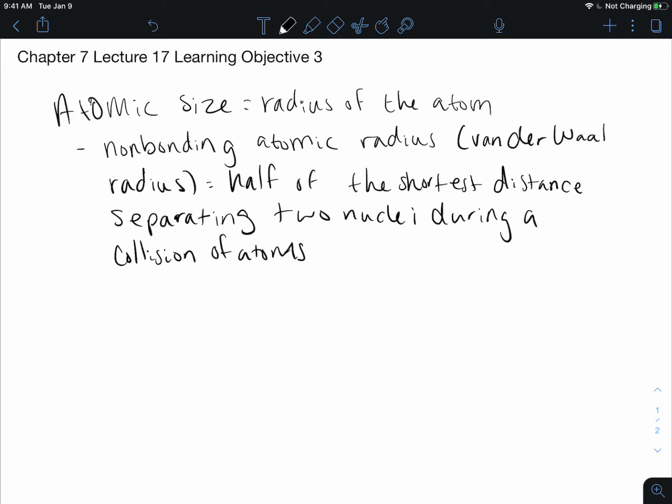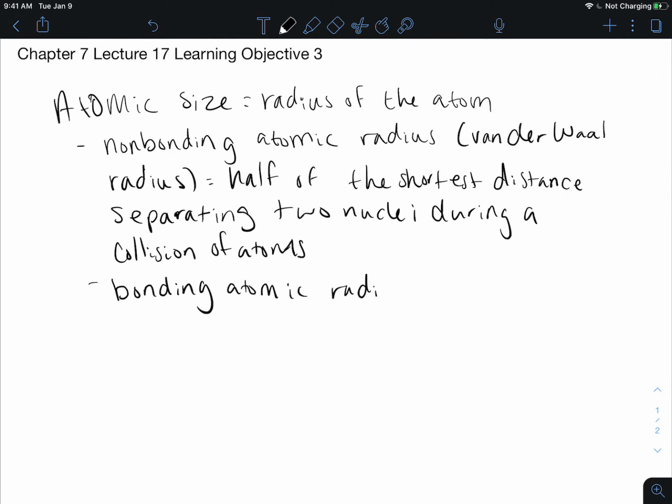So we won't really look at that anymore, but I just wanted you to be aware of it. The one we are going to look at is the bonding atomic radius, which is half the internuclear distance when two atoms are bonded.